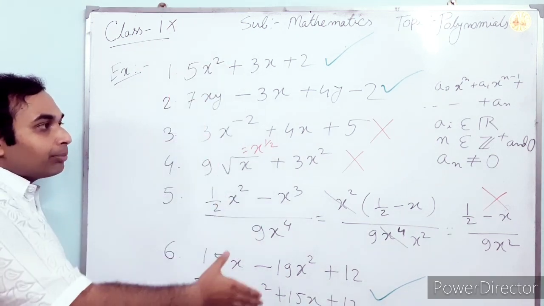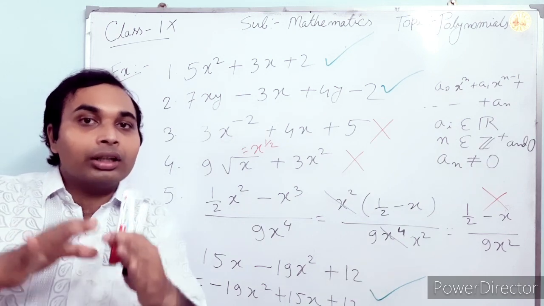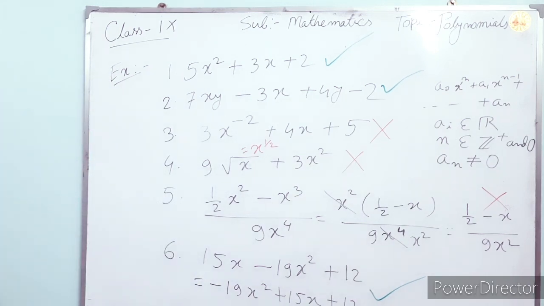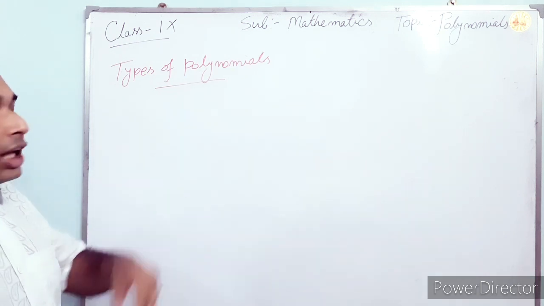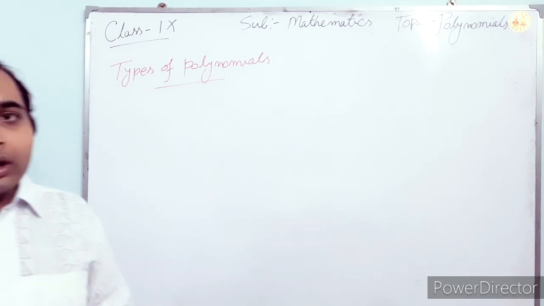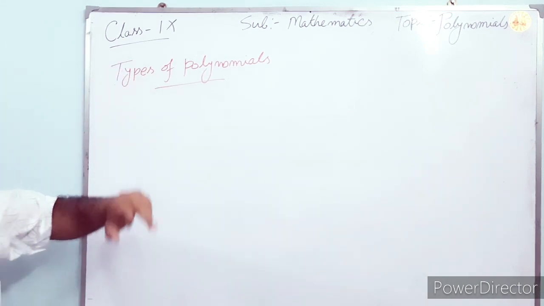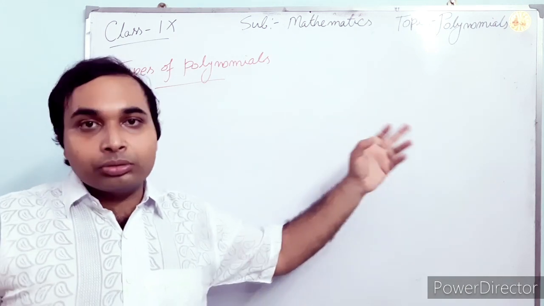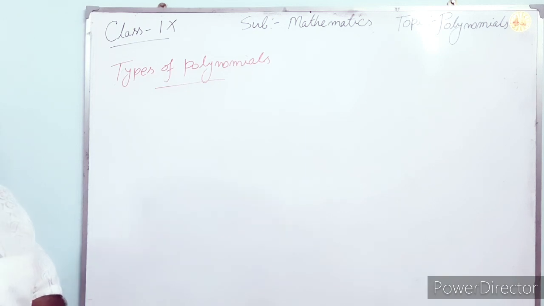So those are the examples and the counter examples of the polynomial, and I think you have got the concept of the polynomial. What are the polynomials? Now let us see some types of the polynomials. Polynomials can be divided into several types. One is according to the degree of the polynomial, I will tell you what the degrees of the polynomials are, and the second is according to the number of terms.